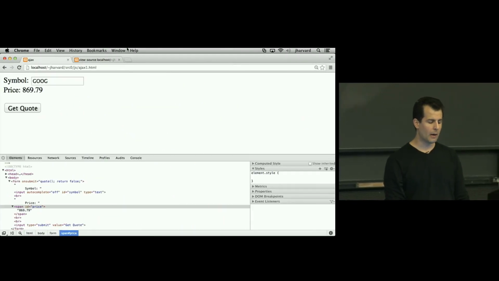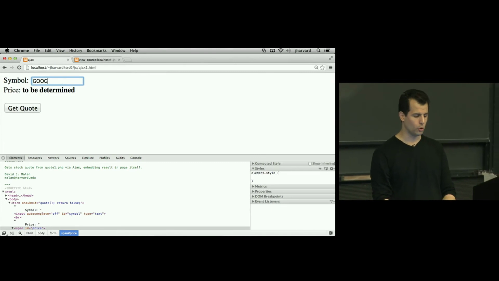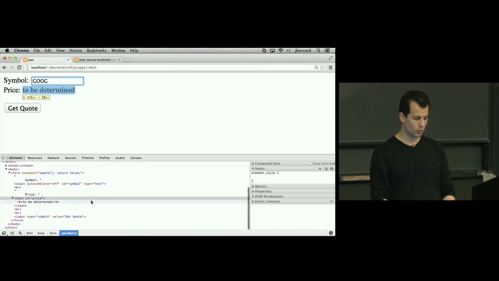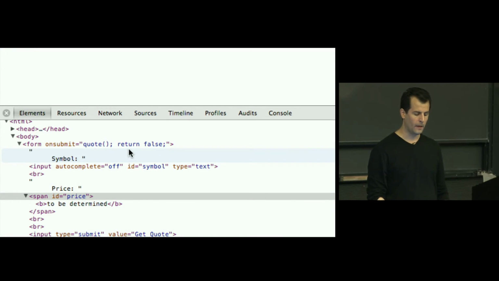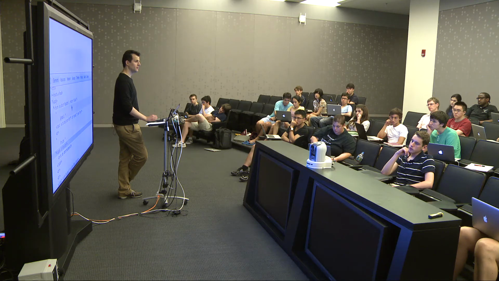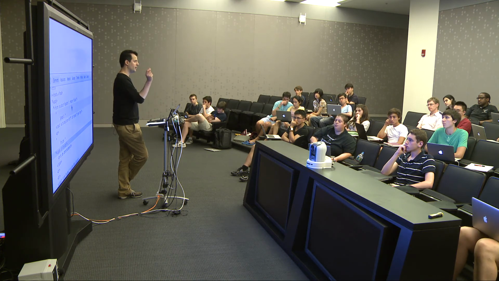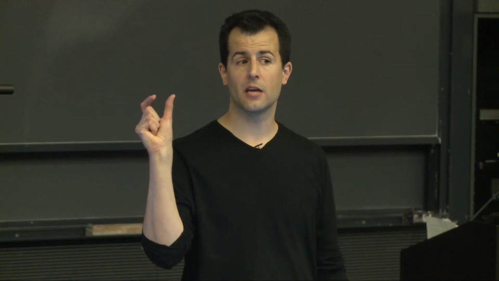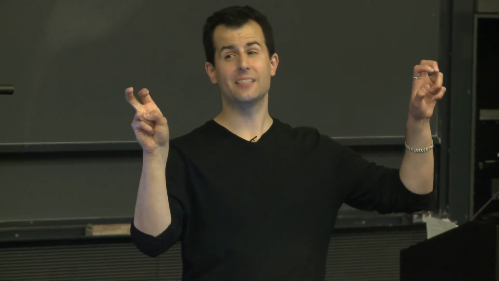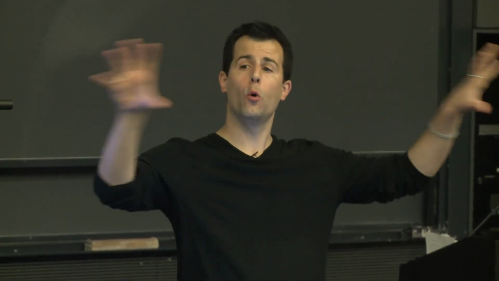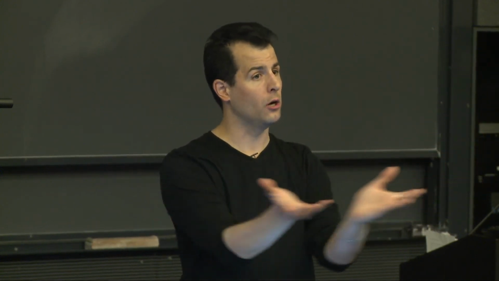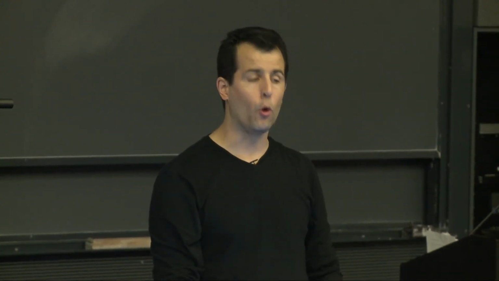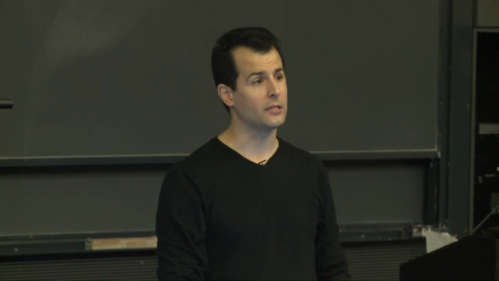So if we do it again to recap now with that context, and I pre-type in Goog, I don't hit enter yet, but I instead scroll down to where it says "to be determined", is the span tag going to be replaced or the bold tag? Just the bold tag, because when I uniquely identify the span element by its ID, called price, and change its innerHTML, that won't blow away the span tag itself, just its innerHTML, which is apparently a bold-faced tag and a line of text "to be determined".